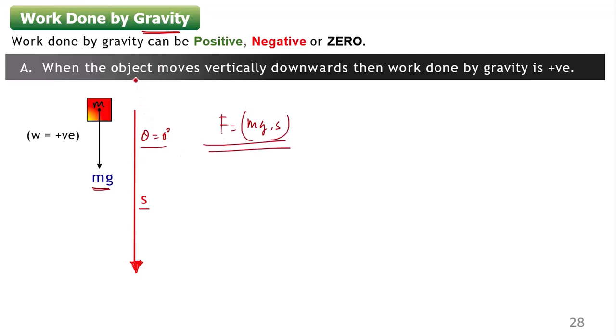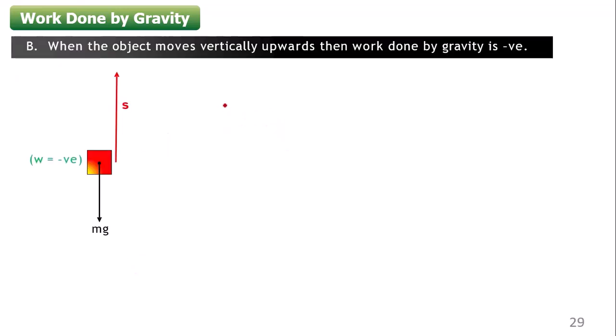So when the object moves vertically downward, the work done by gravity is positive. Why work done by gravity? Because the force we are talking about is the gravitational force. Similarly, if the object is now moving upward, gravity is not changing its direction. Gravity is always acting vertically downward. Now I am moving the body in the upward direction.